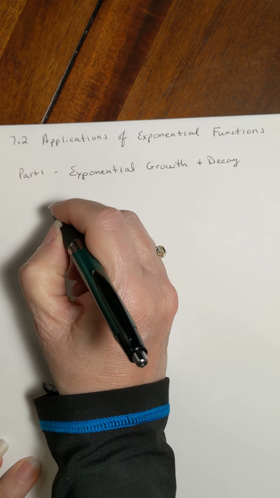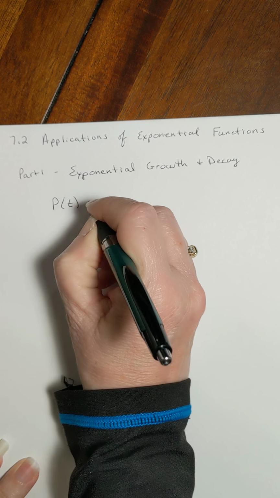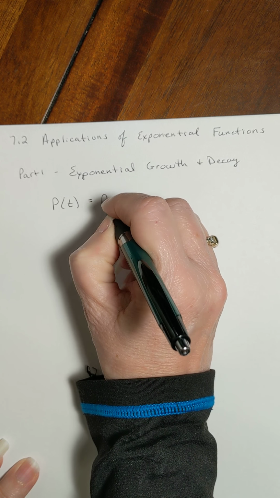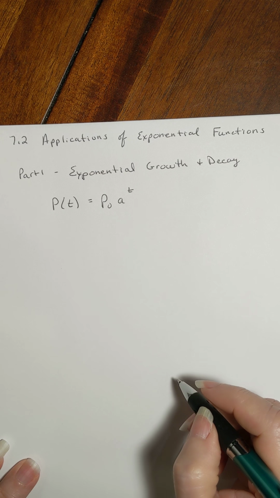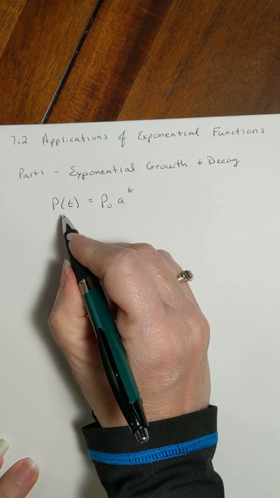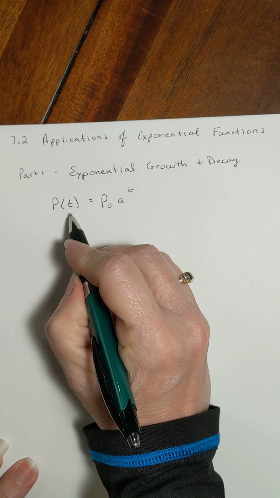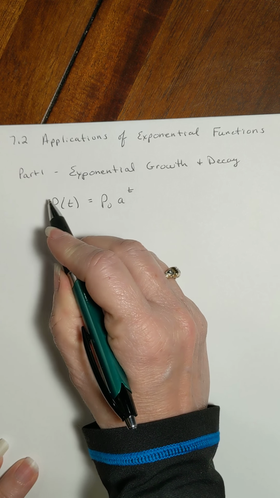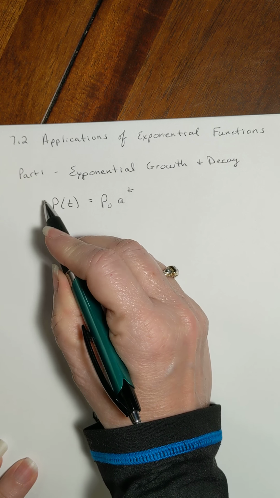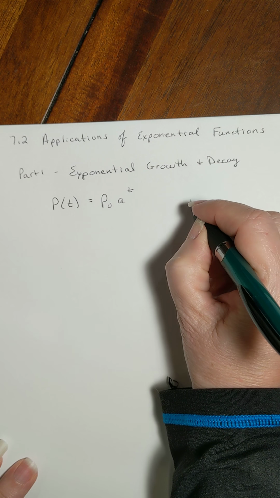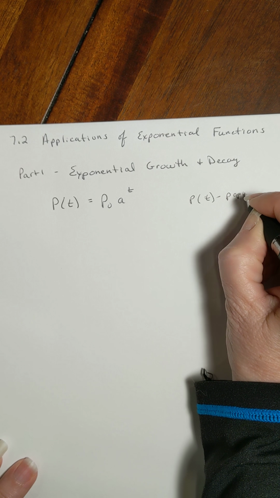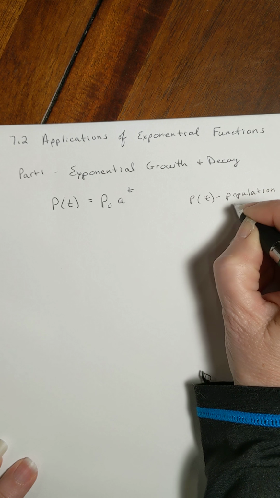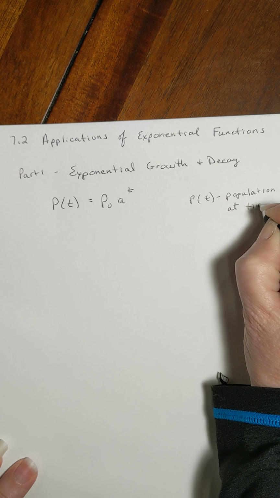Now, on these problems, they're usually given with the formula P of t is equal to P0 a to the t. You can think of this as P of t is the population as time goes by. So P of t is the population at time t.